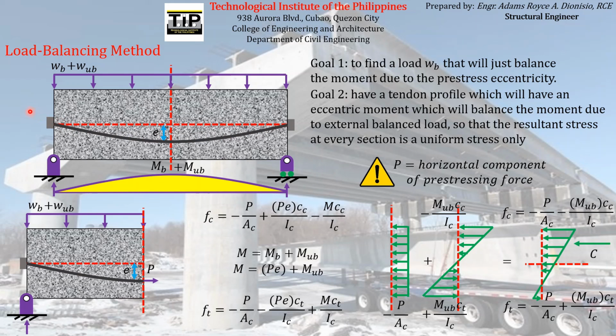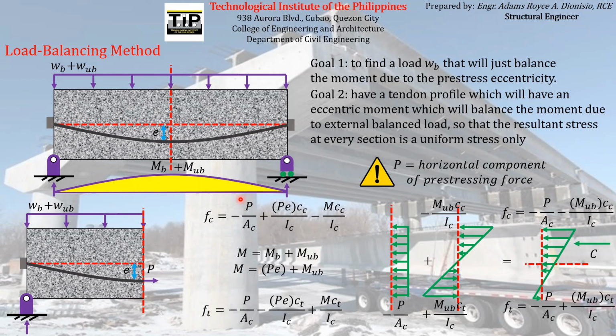So it is an inclined force, and since it is inclined, it has horizontal and vertical components. That horizontal component is the magnitude of force you have to use in these formulas, even in the other formulas we derived from the basic concept method and the C-line method.